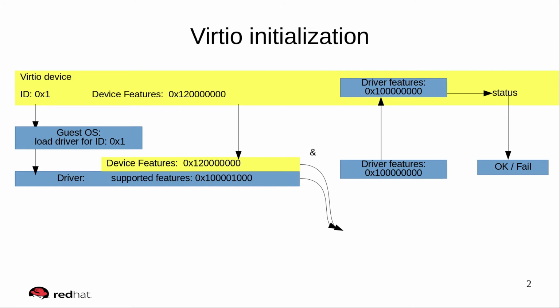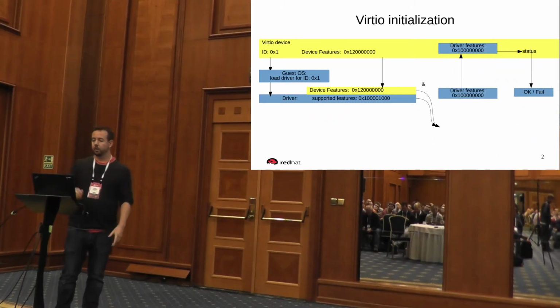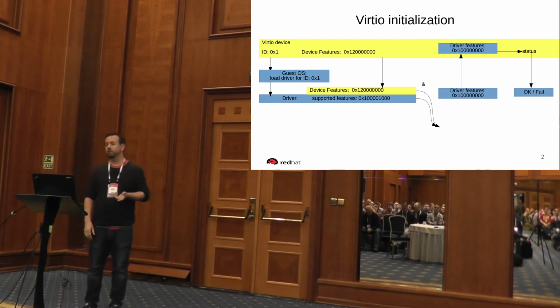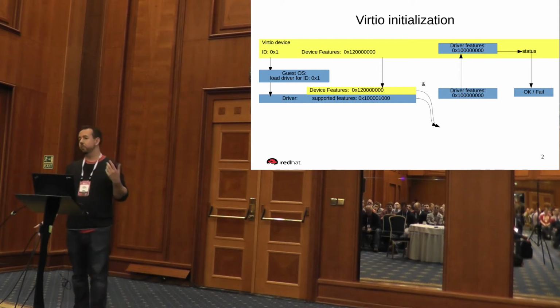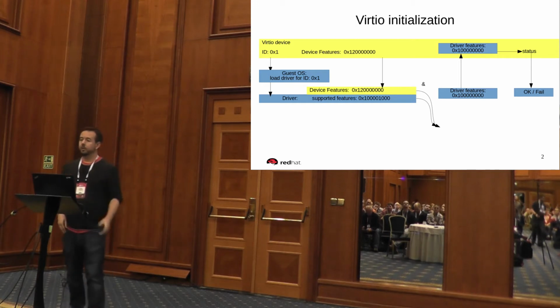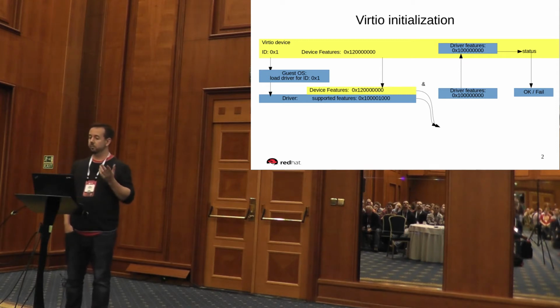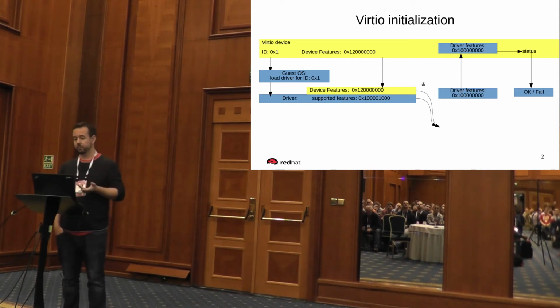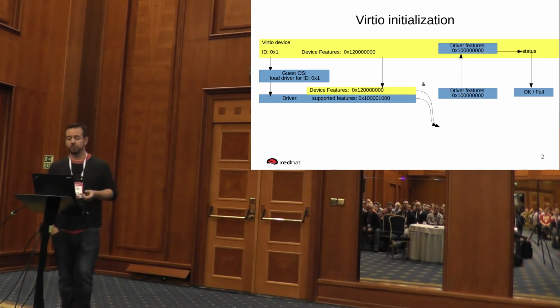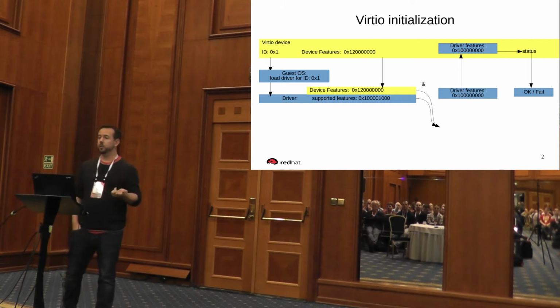So let's go through the initialization of a VM with respect to Virtio. Every device has a device ID, right? ID 1 is for network, ID 2 is for block, and so on. The guest OS uses this ID to load the correct driver for a Virtio device. Each Virtio device has 2 bitmap registers, and collectively we call them feature bits.